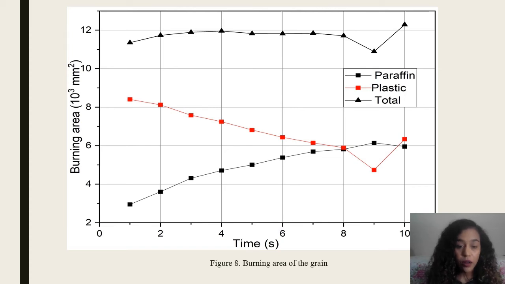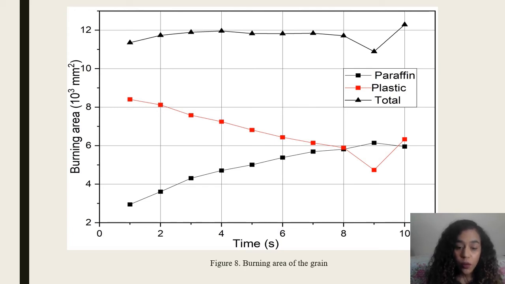Such behavior was also observed previously by other authors. As seen from Figure 8, the protective area decreases in time, whereas the paraffin area grows, keeping the total practically constant and close to 12,000 square millimeters.